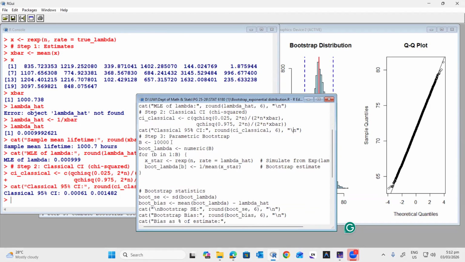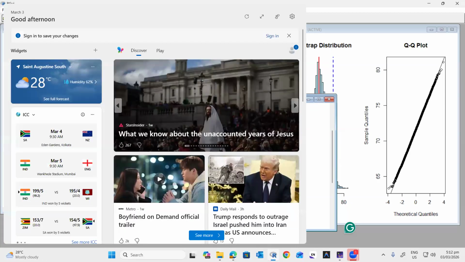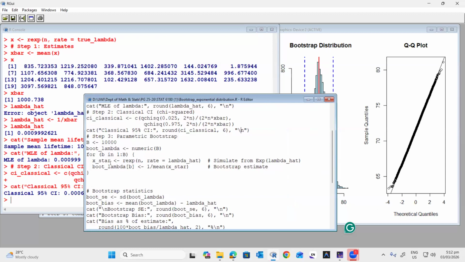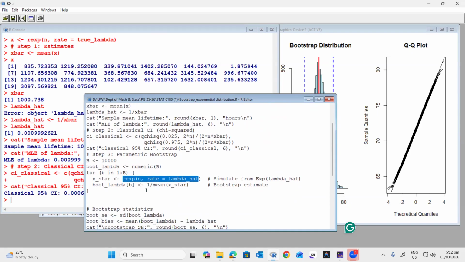After that, we are going to replicate 10,000 times again, and we introduce the null vector, boot lambda, that is numeric B. All right, so in the for loop we are going to generate the random numbers x star from the exponential distribution, with rate lambda hat, our 1 upon x bar, that is the mean from the generated sample.